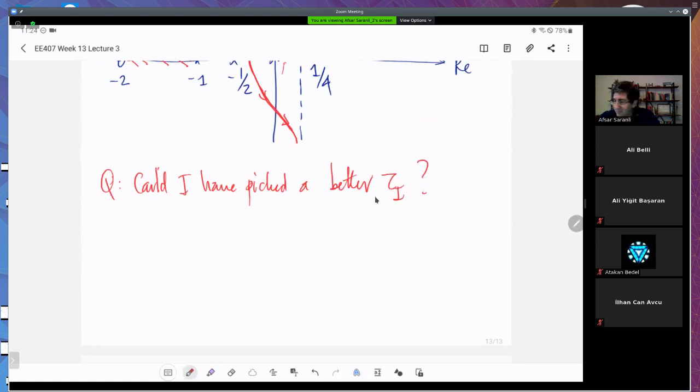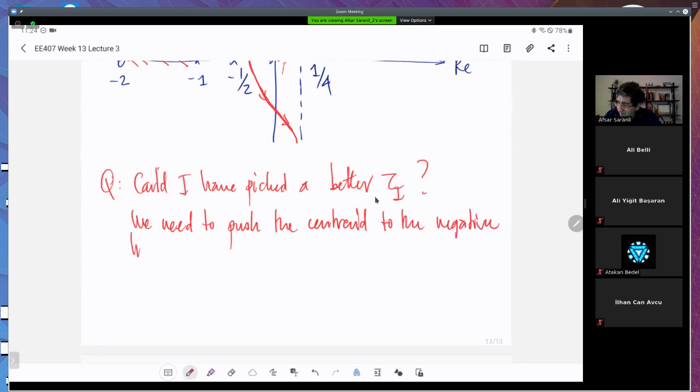And let's think about that. Okay, it's all about the location of the centroid. Well, we need to somehow push the centroid to the negative half. That means the stable plane.